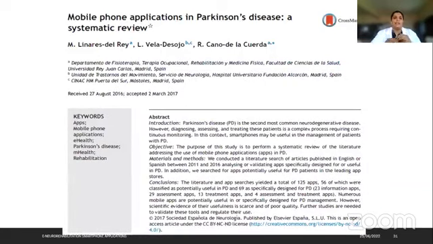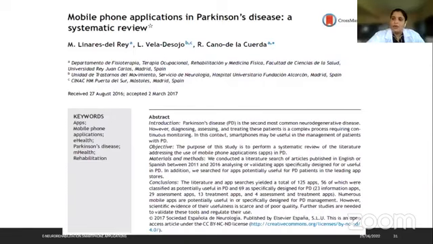Now in a study on the use of mobile phone applications in Parkinson's disease, a systematic review, a total of 125 applications were found, and 56 of them are useful to some extent in Parkinson's disease, and the rest, 69, are basically either assessment apps or treatment apps.